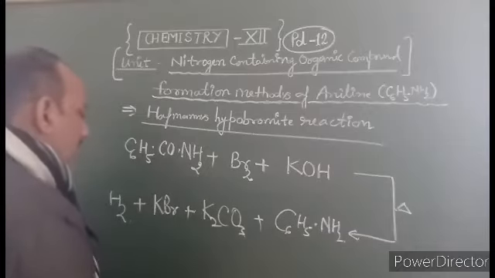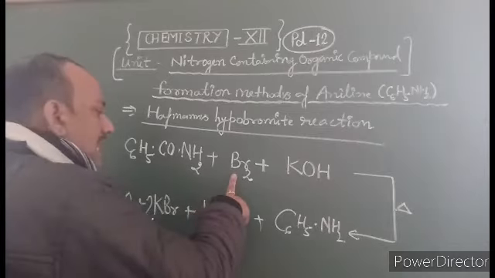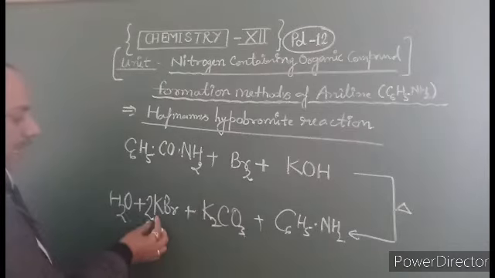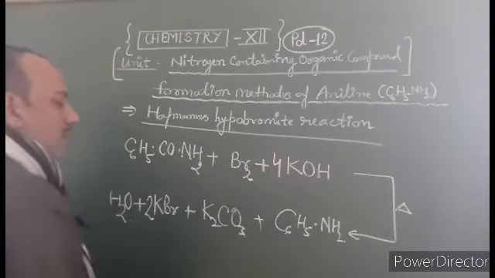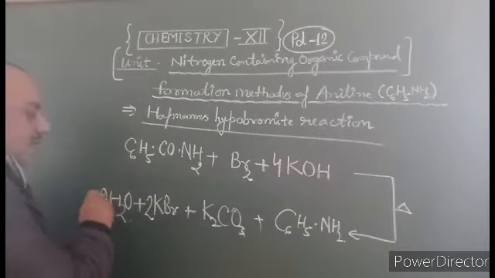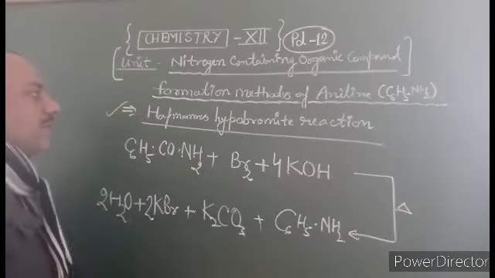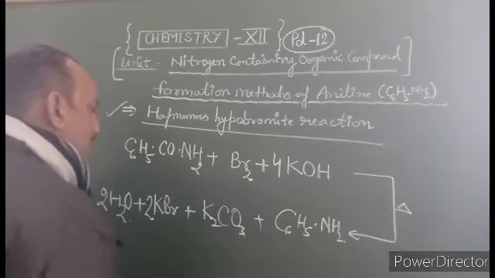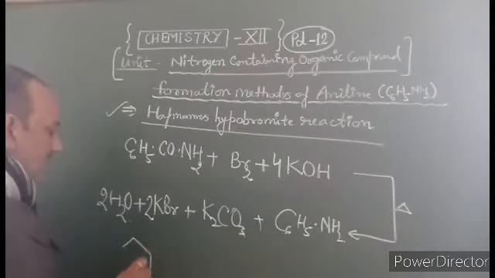For balancing we use 2, because 2 bromine atoms are available. Now the number of potassium atoms is 2 into 4, so here we take 4. And now for balancing hydrogen we use 2. This reaction is known as the Hofmann hypobromite reaction. This reaction is also shown in structural formula.